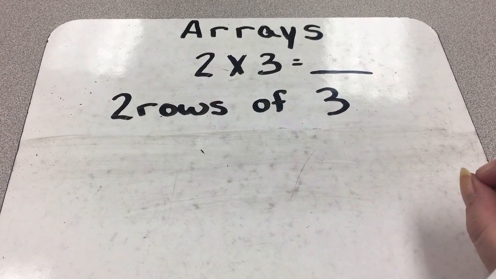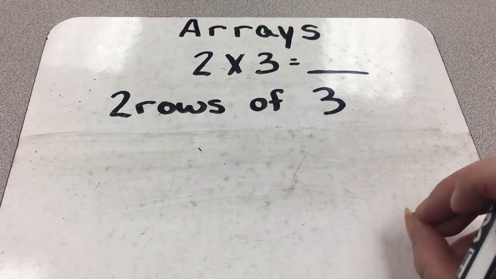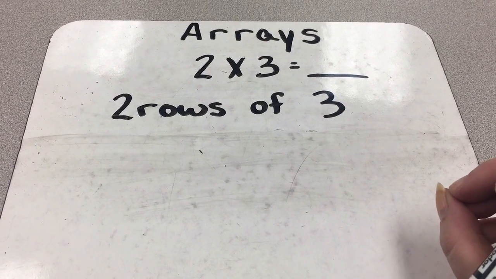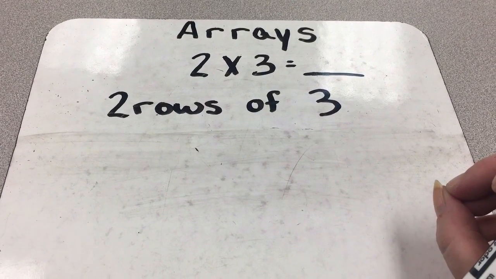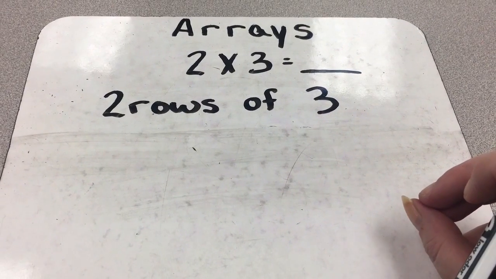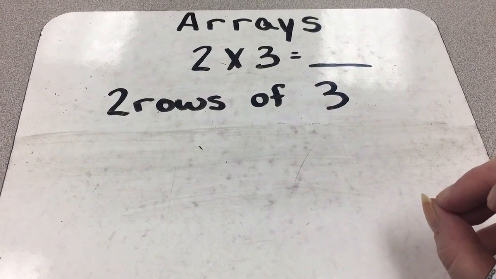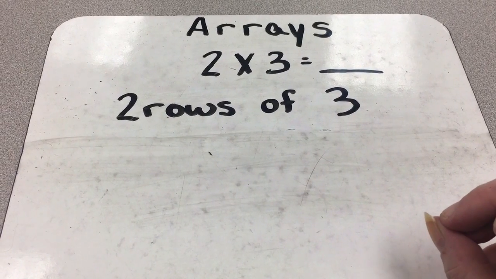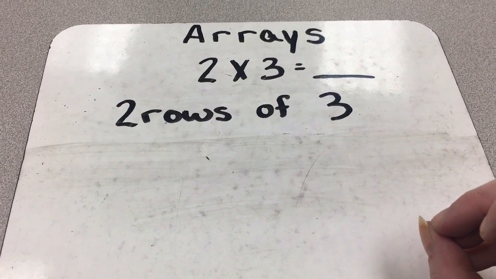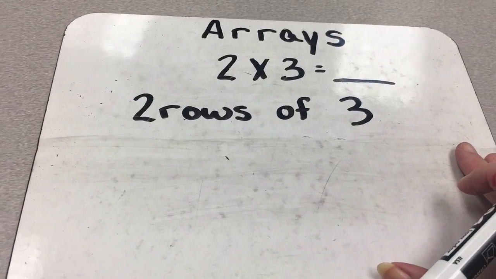In order for this strategy to work for your student, they need to be very neat and keep everything in straight rows and straight columns. If your child has a hard time with that, this is not the best strategy for them. But if your child happens to be very neat and very orderly, this would work out really well for them.